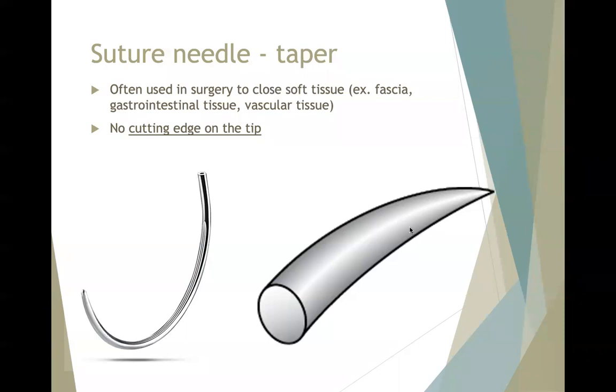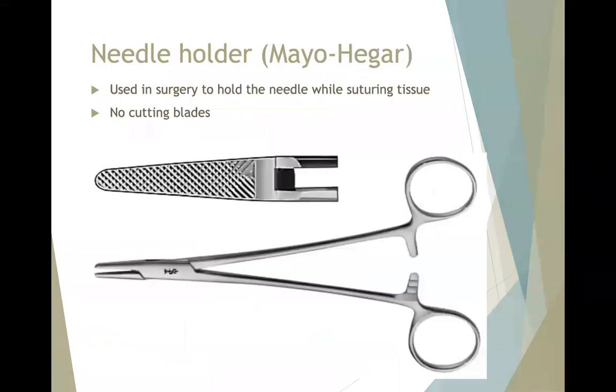And again, difference in those tips there. Now, I want you to pay attention to these serrations that are going down the suture needle here. Now, they're not going to cut the patient. Their intended use is actually to help the needle holders grip onto the suture needles. So it kind of gives a little bit more of a tread on that needle, because when we use our needle holders, these tools right here, they have a little checkerboard pattern down on the jaw.